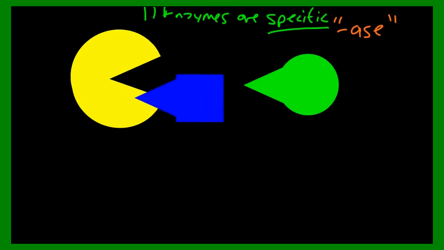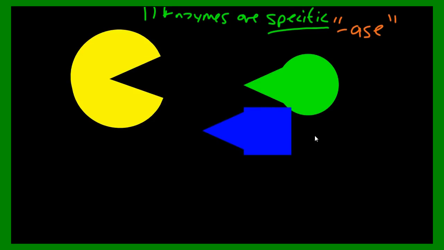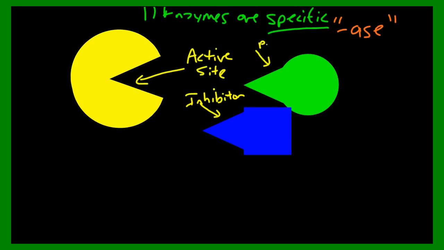That place where that enzyme is binding to the substrate, it's called the active site. So here's our active site right there. That's where the bonding is happening, and that is an inhibitor. Some molecules can get in the way of enzymes doing their work with the proper substrates. Those are called inhibitors.